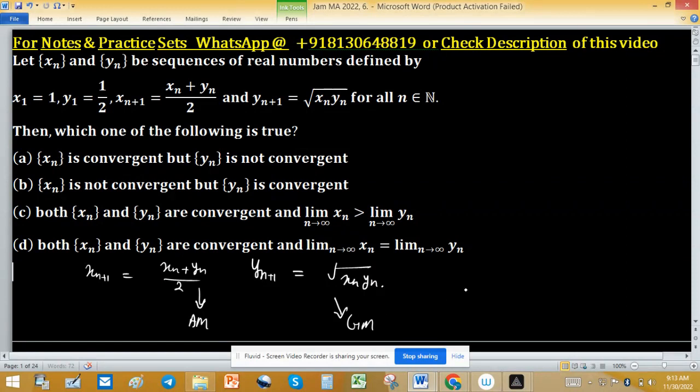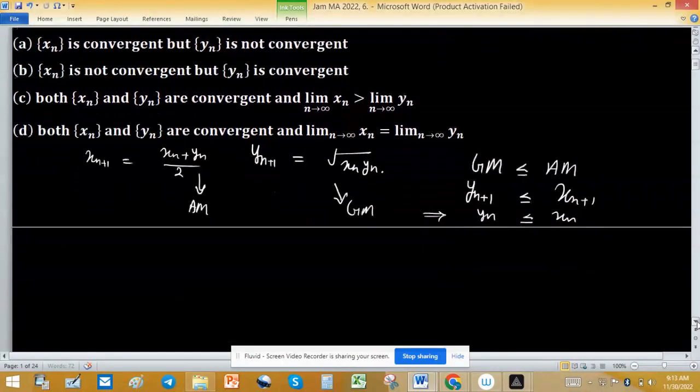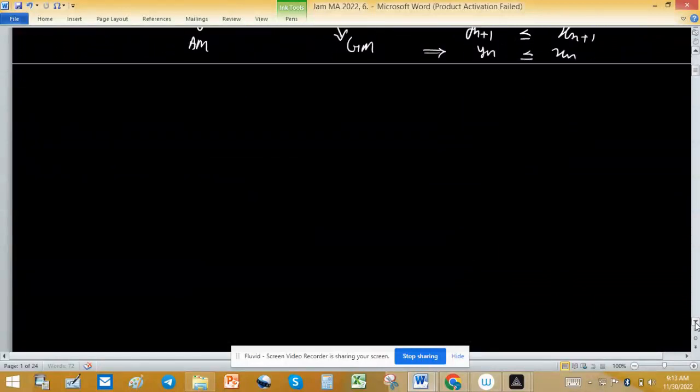And we know the relation between AM and GM: GM is always less than or equal to AM. This implies that yn plus 1 is less than or equal to xn plus 1, and you can write yn less than or equal to xn. It means all terms of the sequence yn are always less than those of the sequence xn.